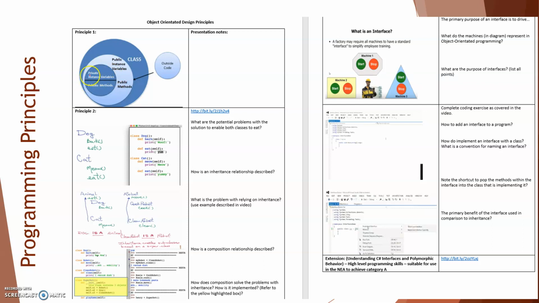You should know what that means in terms of the accessibility of those attributes, but generally it's good programming practice to set the attributes of a class to private, and then you have your public facing methods, and only through those methods can you interact and access the private attributes of a class.